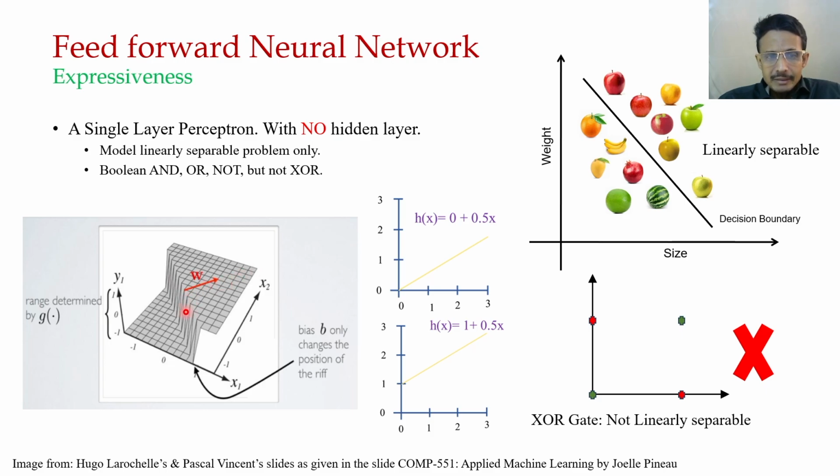This separator is basically a plane. If this bias term is used, it changes the position of the separator. This thing you can visualize much more easily.